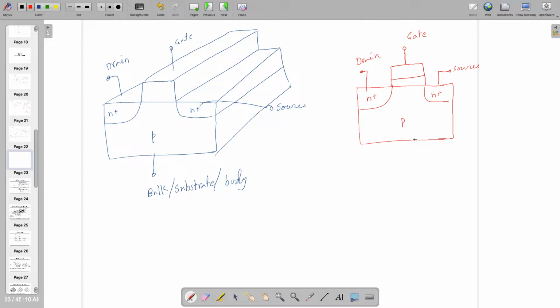But unlike the BJT, you can exchange drain and source. So whichever you like, you can keep it as drain or source, and that's how the symbol looks like this. You are not required to indicate which side is source. The lower potential may go to source.